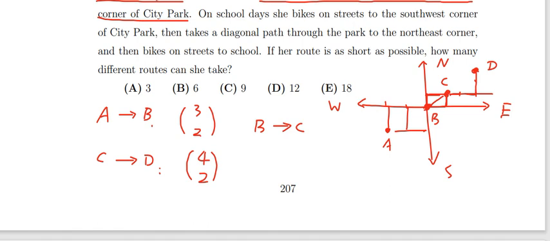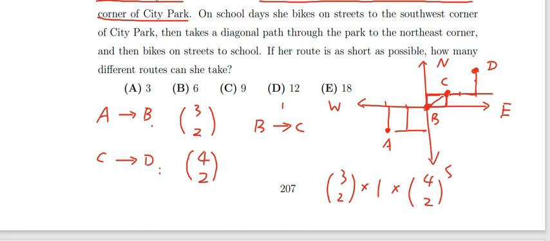So put them together. B to C is 1 way. So A to B equals 3 choose 2. Then multiply by the ways from B to C, which is 1. Then multiply by C to D, which is 4 choose 2, right?